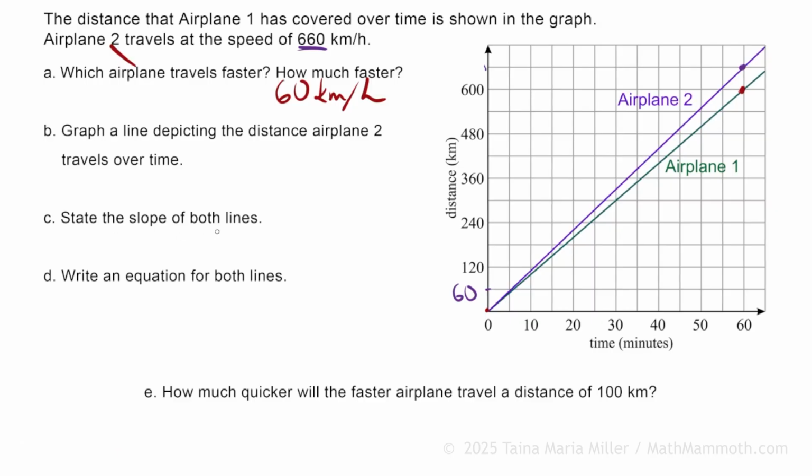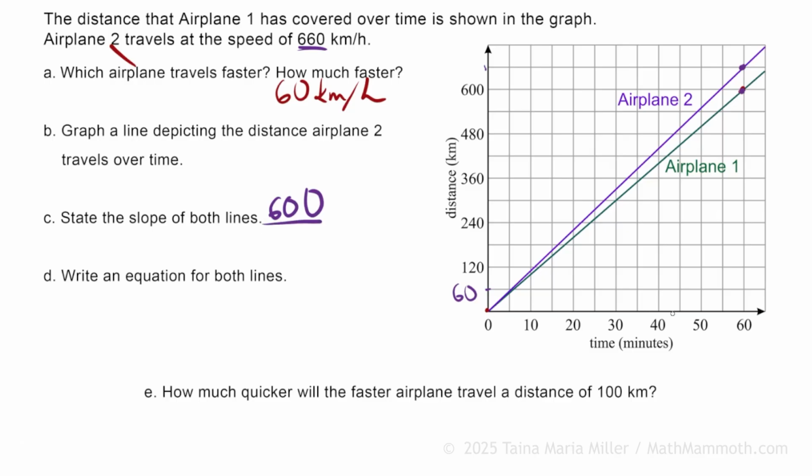State the slope of both lines. Now, it's tempting to say that they are 600 and 660. But my horizontal axis here is not in hours, it's in minutes. So therefore, that's not going to be true. The slope is the same as the rate of change. For airplane 1, we can use this dot. The change in the y values, or if this is d values, this change is 600.